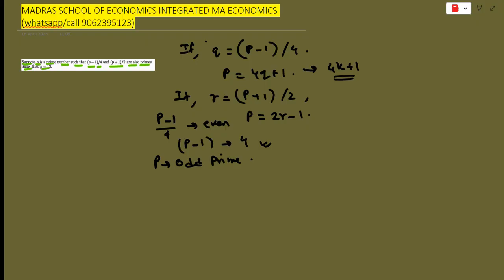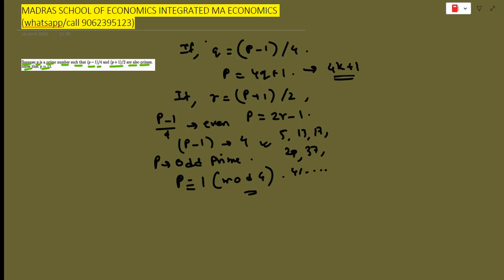Obviously, since 2 would not work, right? And specifically, P is 1 mod 4. Okay? So possible candidates for P will be like 5, 13, 17, 29, 37, 41 and so on.